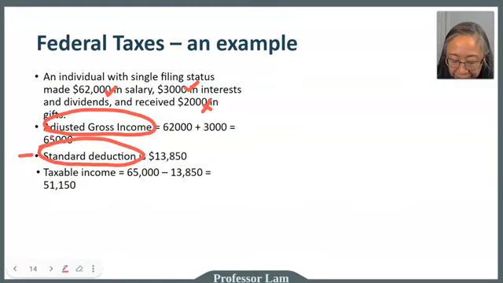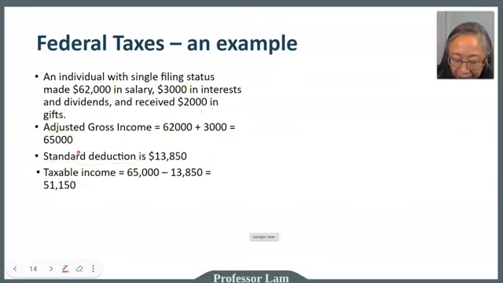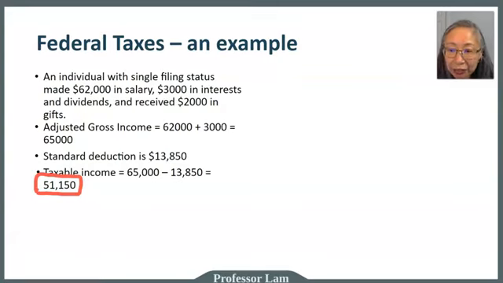So we have $65,000 is the adjusted gross income. Subtracting the deduction of $13,850, you have taxable income of $51,150.